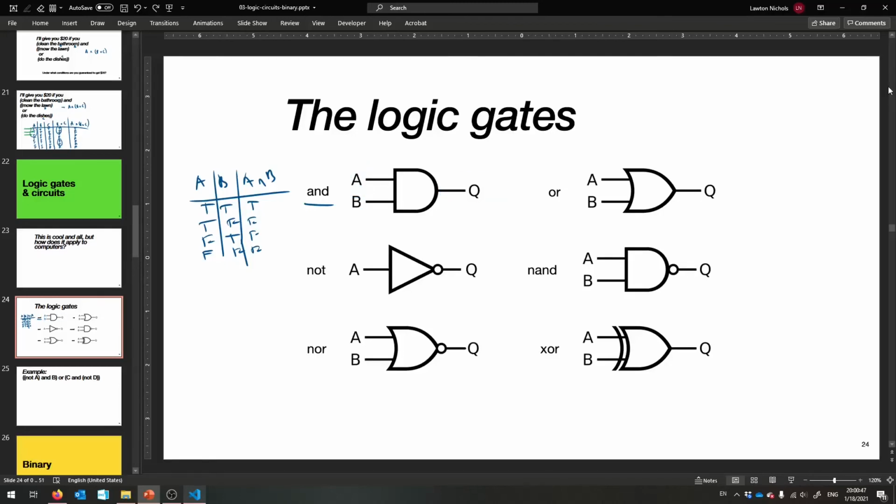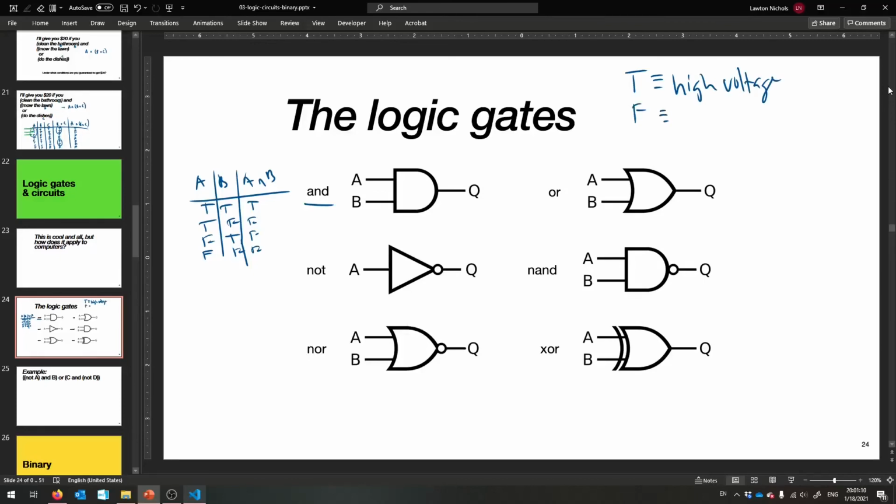So this is how we translate from math paper land to digital logic land. These are circuits. So true is equivalent to a high voltage, a 1, if you will.